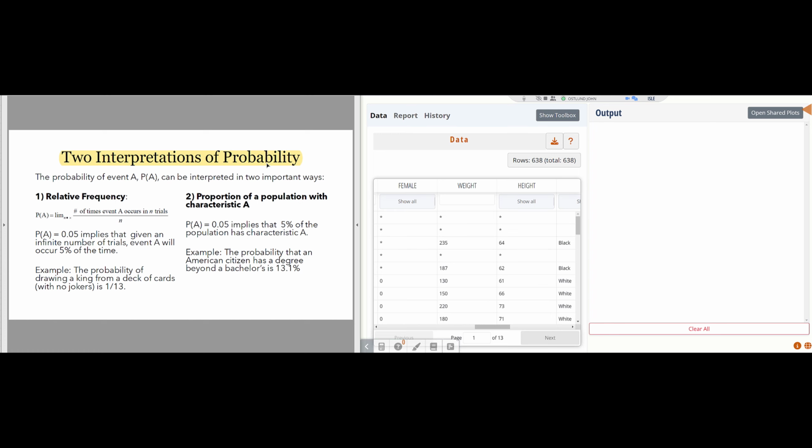Interpreting probability conceptually is a sort of philosophical issue. If I have a fair coin and I flip that fair coin, then we say that the probability of getting a head is 0.5, and the probability of the complement is 1 minus 0.5, which is also 0.5.